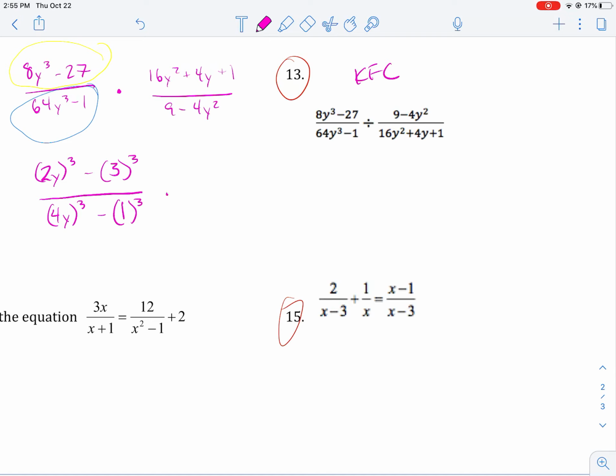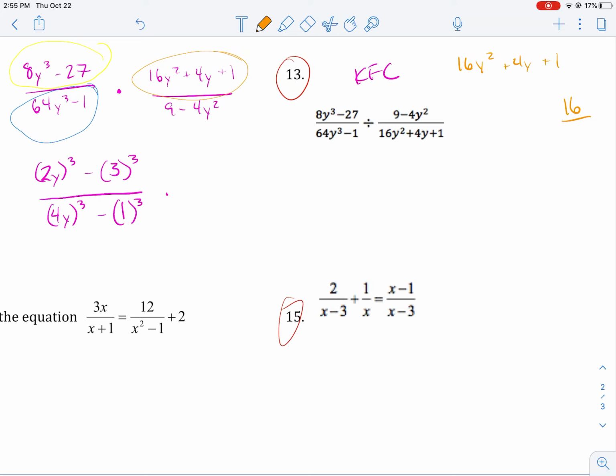This side here, we're going to have to use factor by grouping for this guy, right? This 16y squared plus 4y plus 1. So, do we want to do that there? I don't think so. So 16y squared plus 4y plus 1. We're looking at the factors of 16 such that they add up to 4.